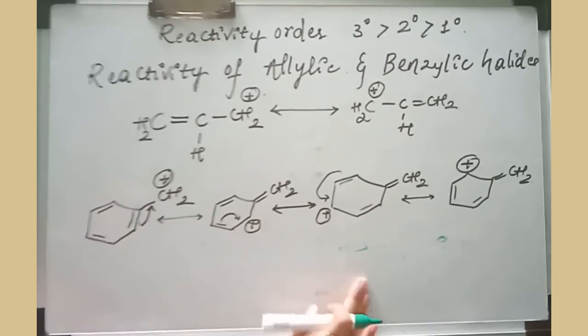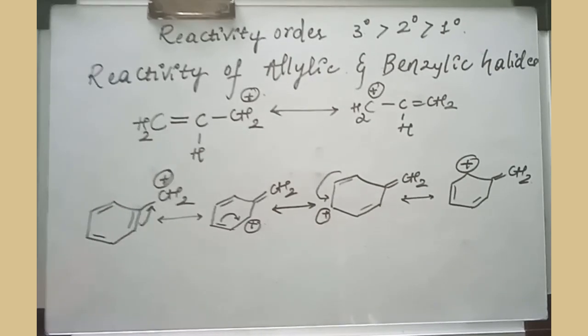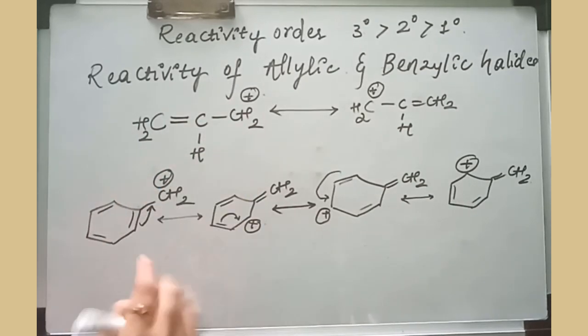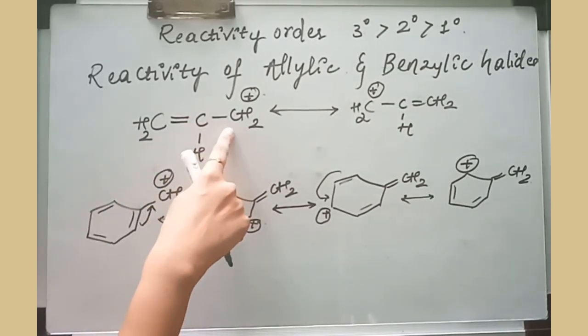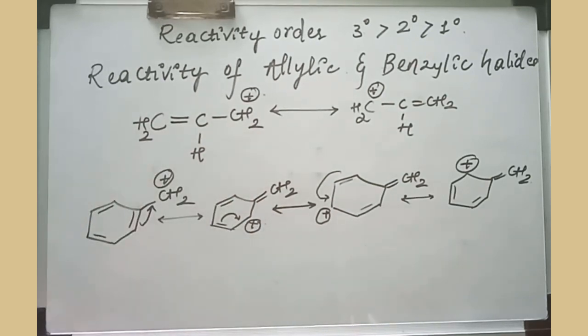Okay, there are some other cases where compounds undergo the SN1 mechanism itself. The first ones are allylic and benzylic halides. You have learnt in the classification what allyl halides and benzylic halides are. Allyl halides are those where the halogen atom is attached to a carbon having sp3 hybridization, where the adjacent carbon has sp2 hybridization.